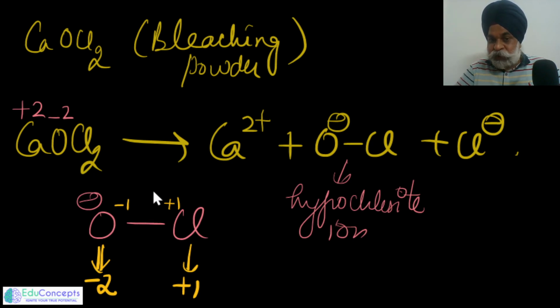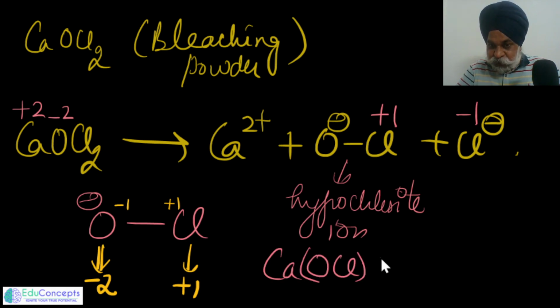There are 2 chlorine atoms. One chlorine is carrying +1 oxidation state, another in the chloride form is carrying -1 oxidation state. As a matter of fact, it should also have been written like this. This is a better way to explain it. So this is +2, this is -2, this is +1, this is -1.